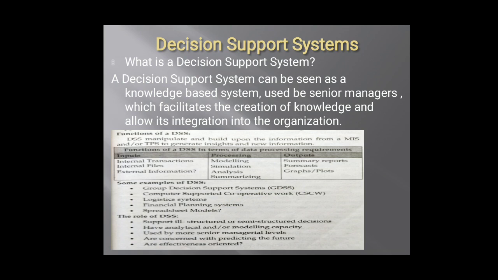The creation of information or knowledge is done by the senior level managers as well, and it allows integration, it allows changing of things in the organization. The actual facilities which are being provided depend on those decisions.